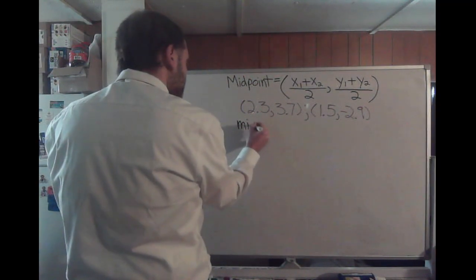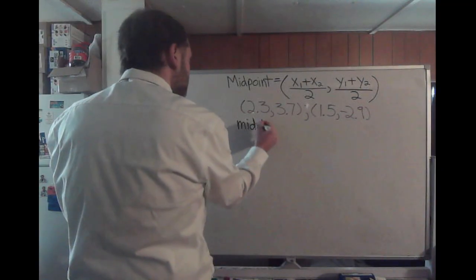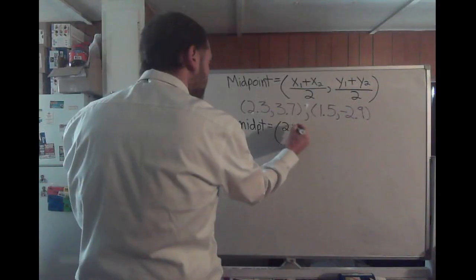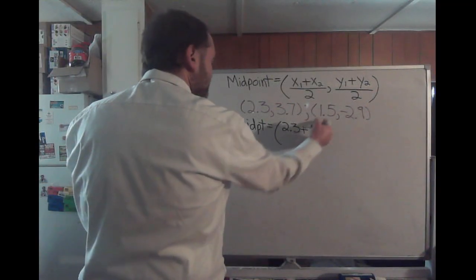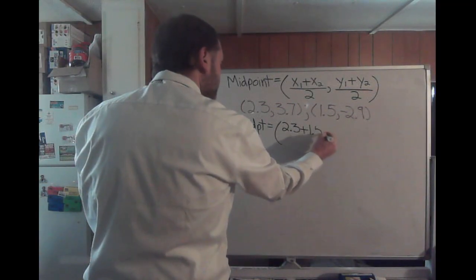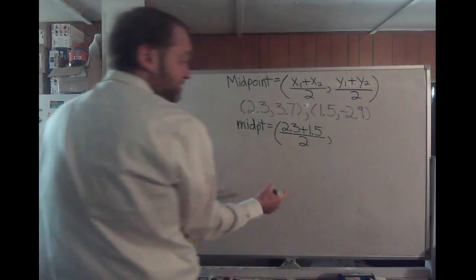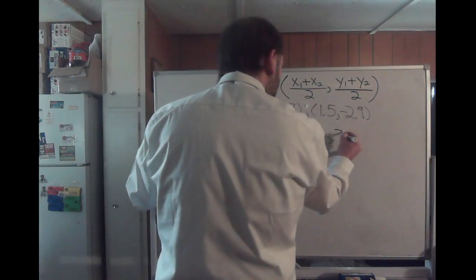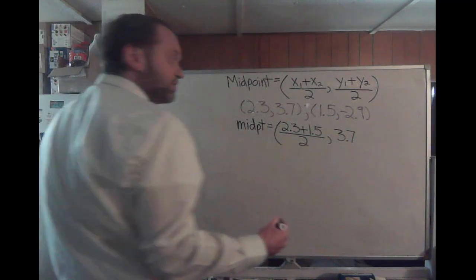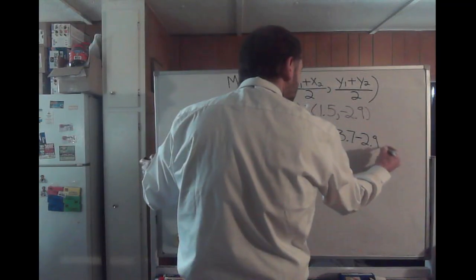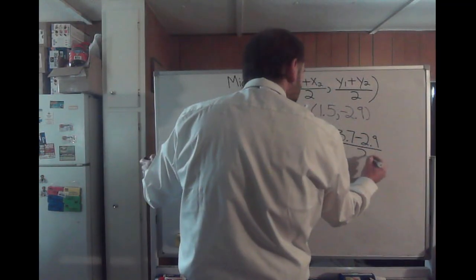Same process. So you just take your first x-coordinate of 2.3 plus your second x-coordinate of 1.5, divide those by 2, then do the same with your y. Take your first y-coordinate of 3.7 plus your second y-coordinate of -2.9. This would turn into 3.7 minus 2.9 divided by 2.